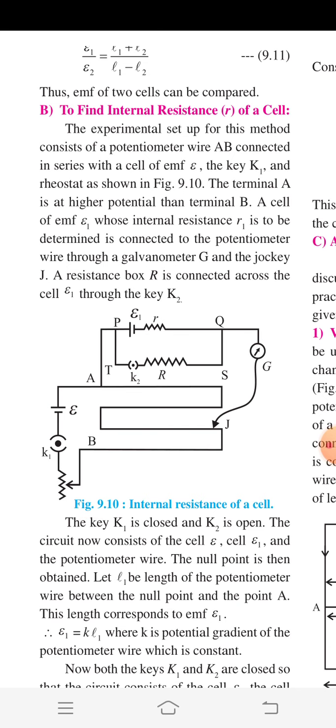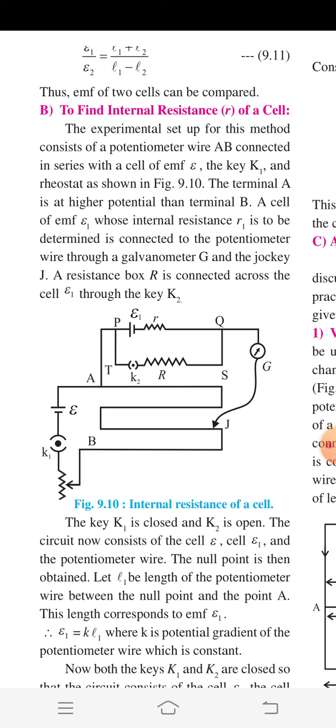That is the construction of the experimental setup for the measurement of the internal resistance of a cell. The potentiometer is used to calculate the internal resistance of any cell using this setup.